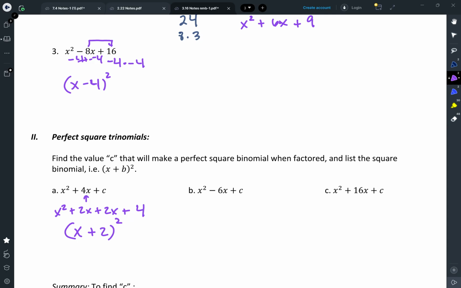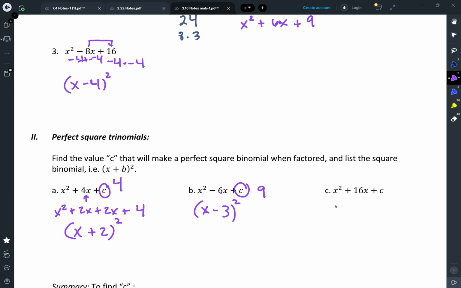The next one, I could think about how if this is 6, that means I had an x and a negative 3 here, because negative 3 times x is negative 3x, doubled is negative 6, and then it would be squared. So my c is going to be a 9 this time. So the first one, it was a 4. Now it's a 9.